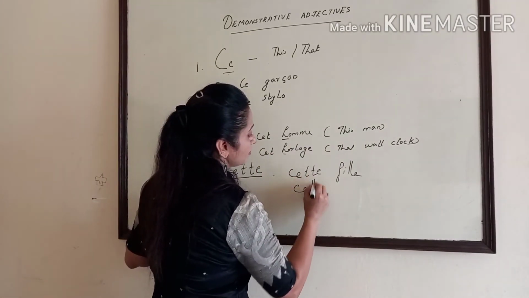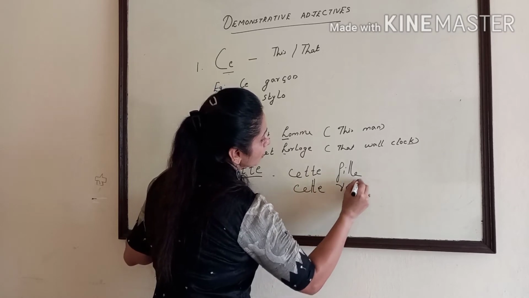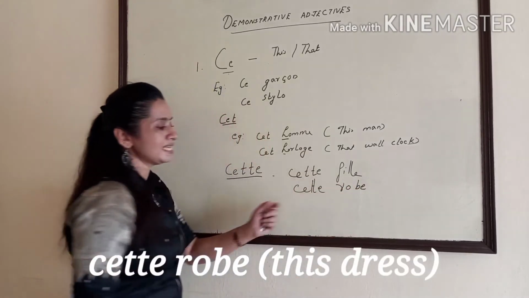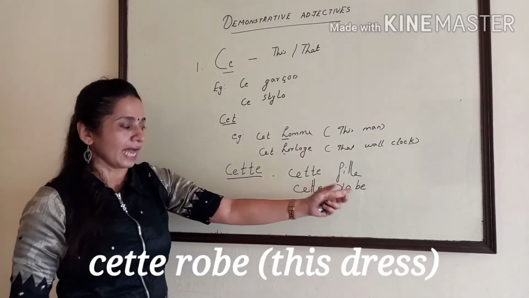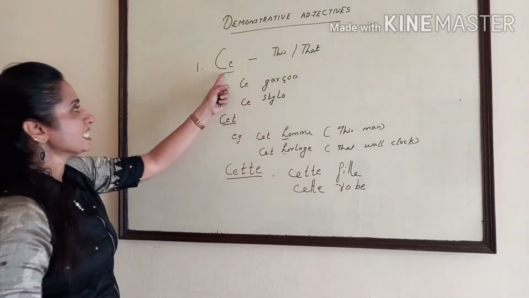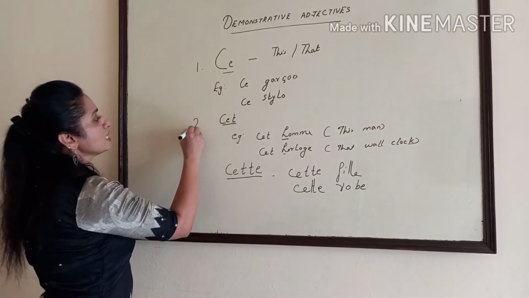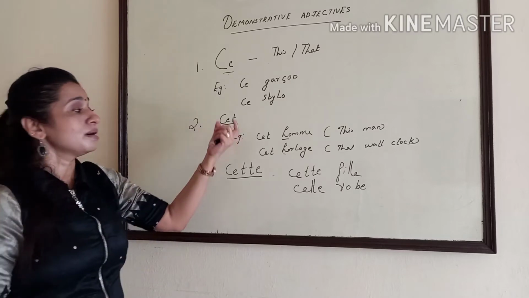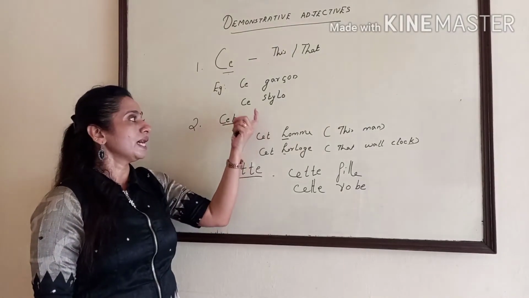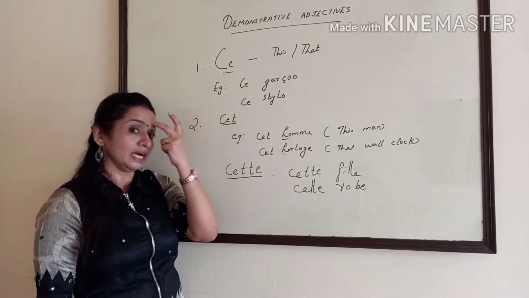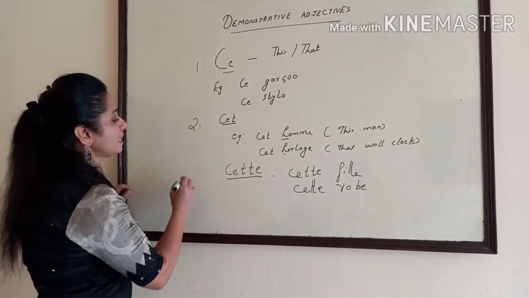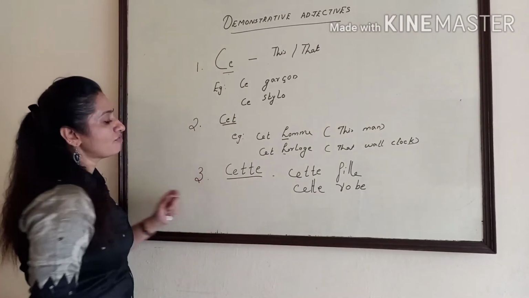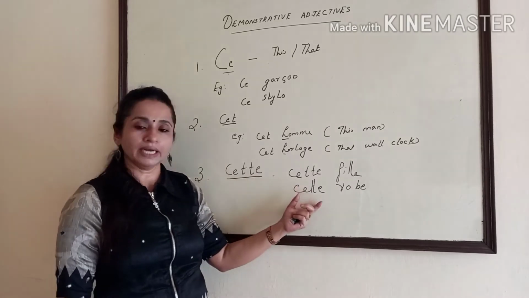Cette robe, that means this dress or that dress. So number 1 is CE, and number 2, CET, is again used in front of a masculine singular noun but beginning with a vowel, and CETTE is used in front of a feminine singular noun.